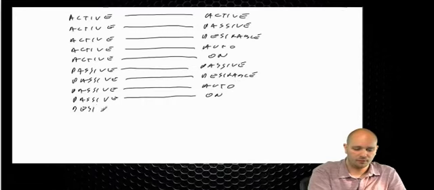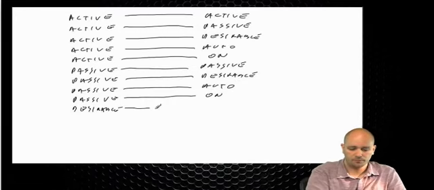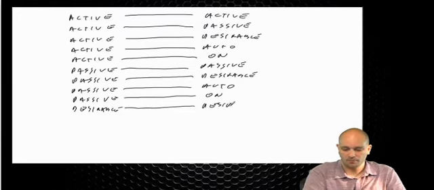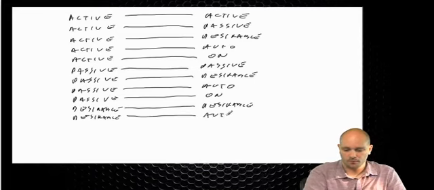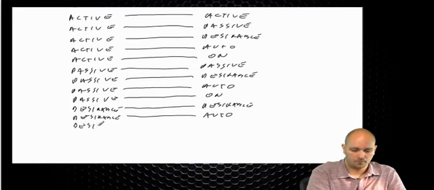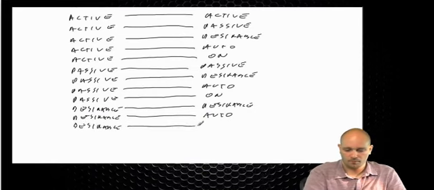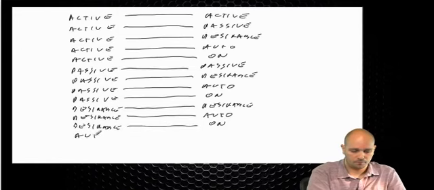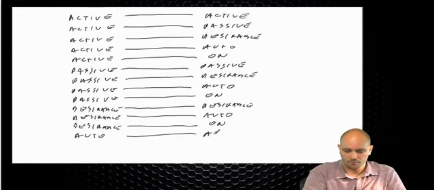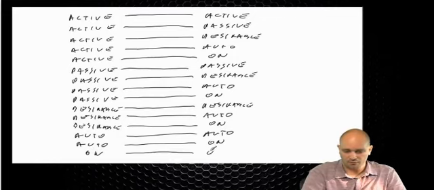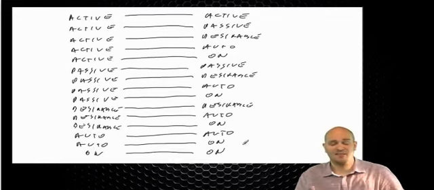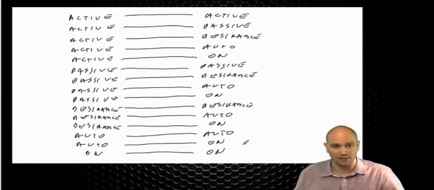Then we have desirable, desirable. And I have to admit, this is the first time in my life that I have actually managed to fit this on a single page.